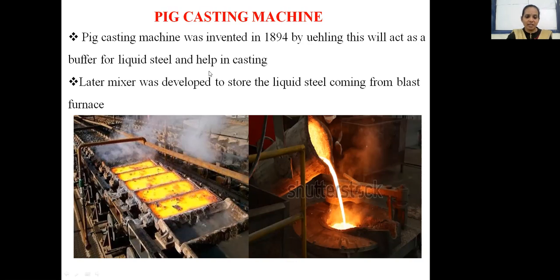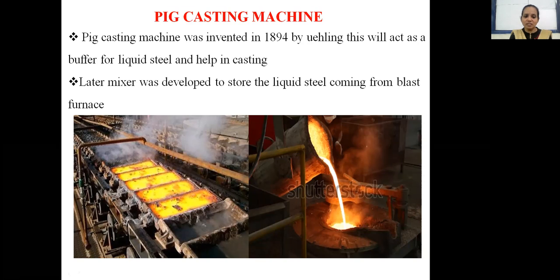Here you can see the pig casting machine. Pig casting machine was invented in 1894 by Uehling. This will act as a buffer for liquid steel and helps in casting. Later, the mixer was developed to store the liquid steel coming from the blast furnace.